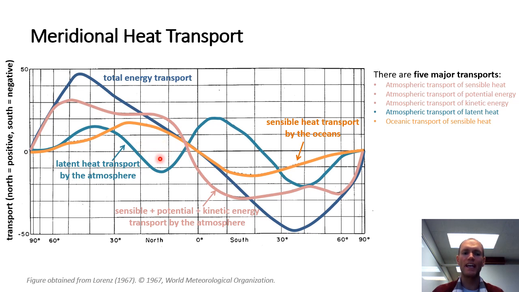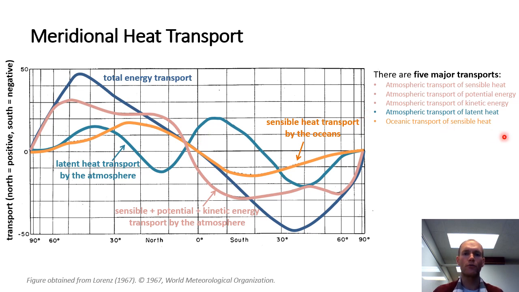However, it is negative here in the northern hemisphere and positive here in the southern hemisphere. So this is indicating latent heat transport toward the equator, or more specifically toward 5 north, from higher latitudes in both hemispheres.